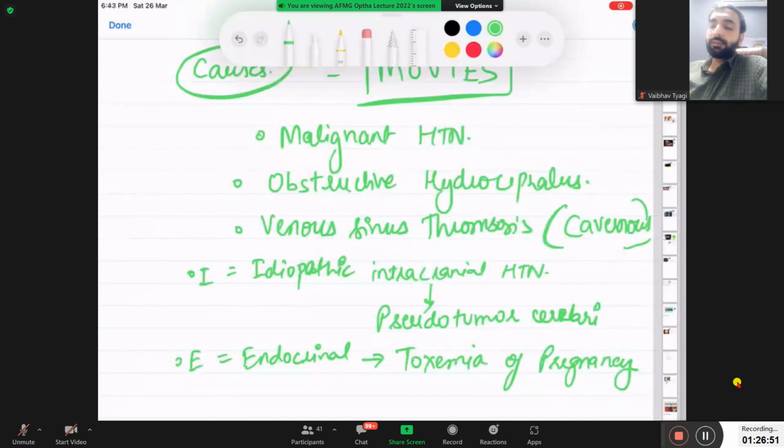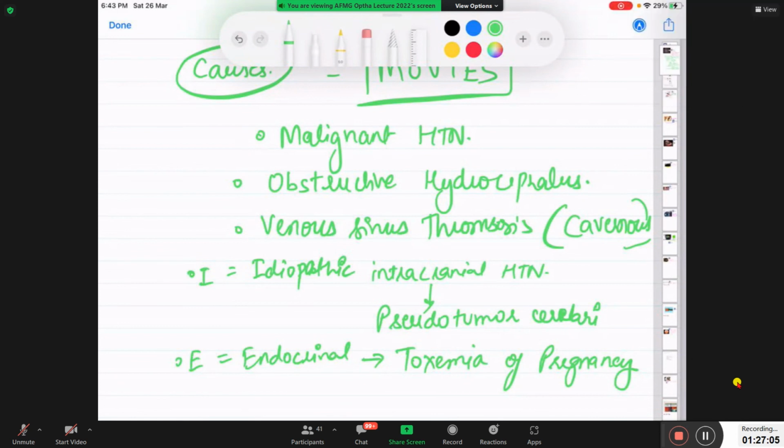Pregnancy was also the cause of which type of RD? Exudative RD. So here, MOVIES you have to remember in papilledema. Important.